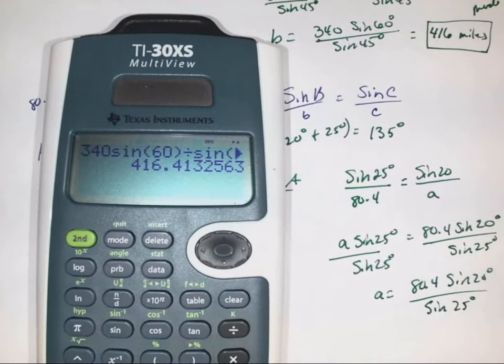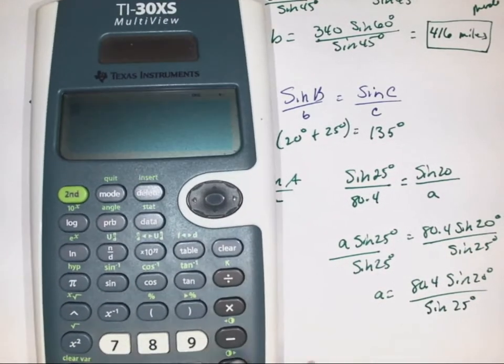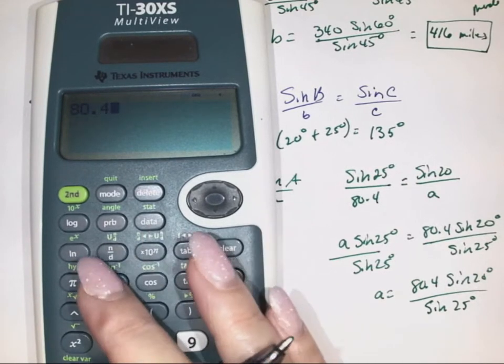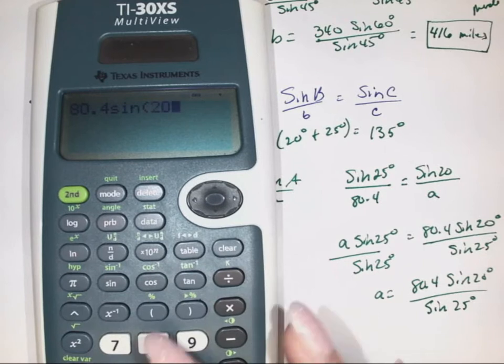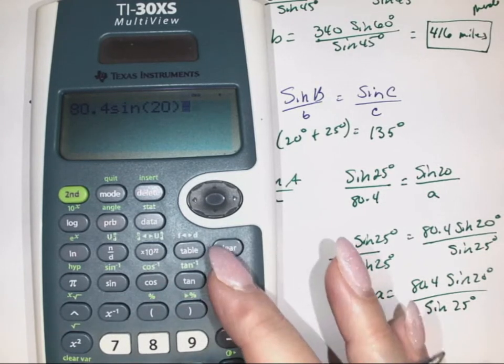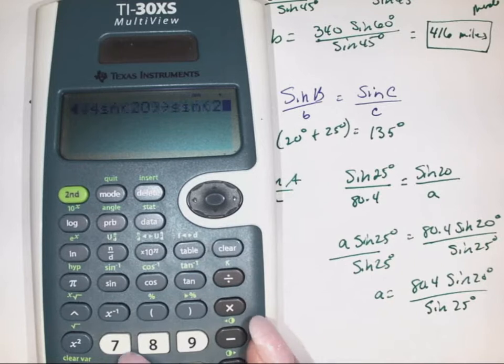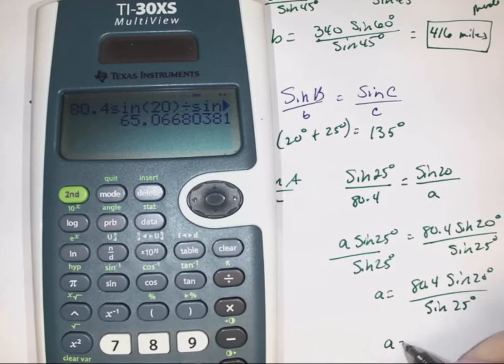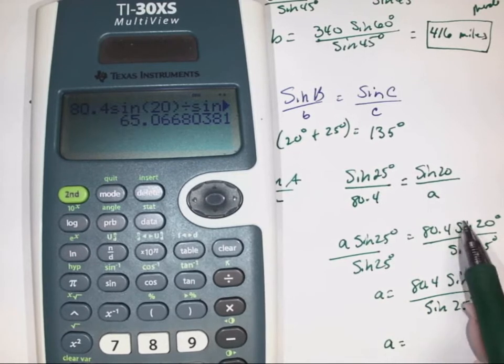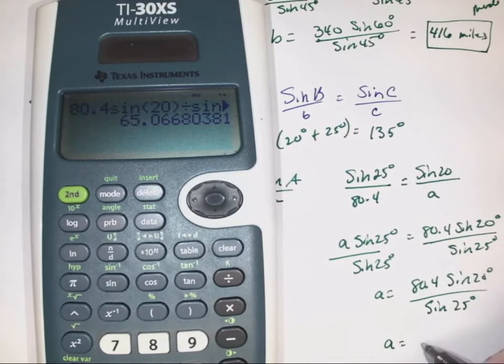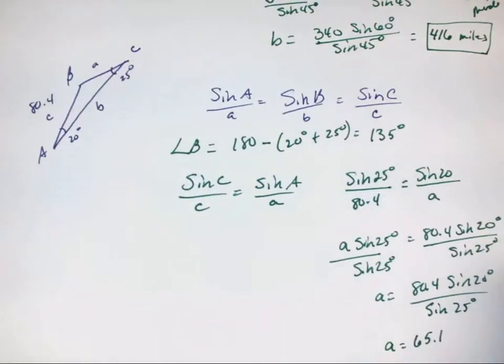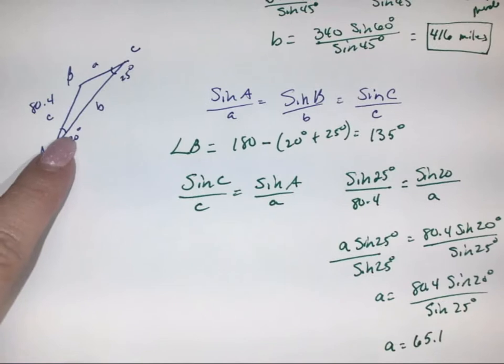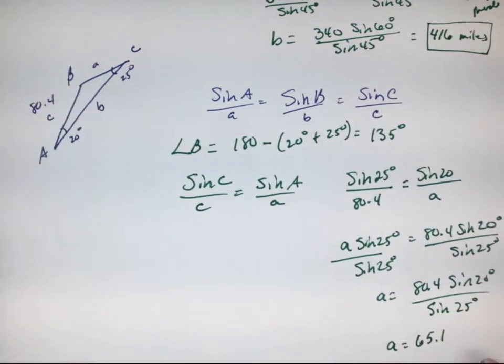As we put that in our calculator, we'll have 80.4, we're again using degree mode, times the sine of 20 divided by the sine of 25. So little a, we have our one side is to one decimal, so we'll go to one decimal. 65.1. So now that I have little a, the only one I have left to find is little b.